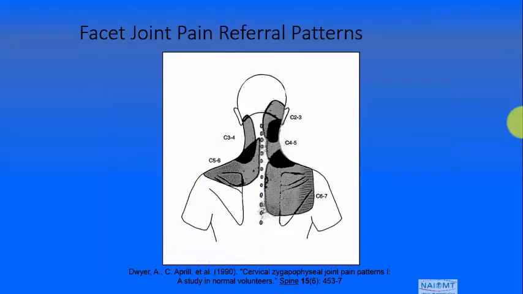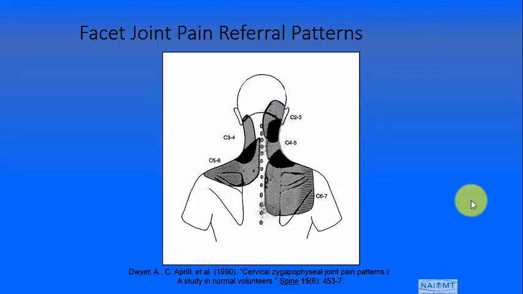Facet joint pain referral pattern has been studied with injection of hypertonic saline into the joint and produces these patterns of referral. Most commonly, this has been replicated later by Bogduk and is actually quite similar to the work shown with the cervical disc provocative discography by Cloward in the 50s.